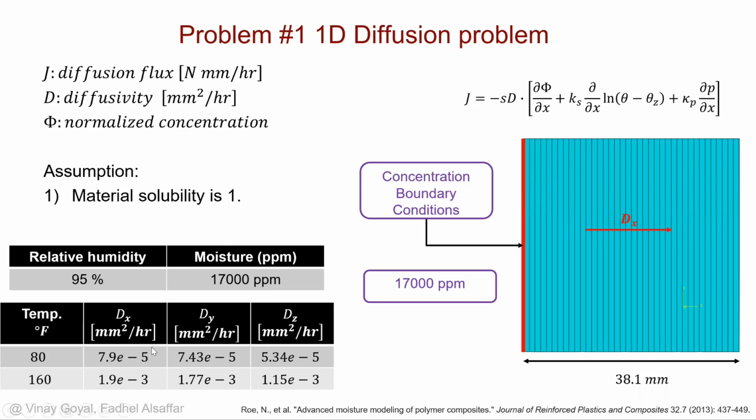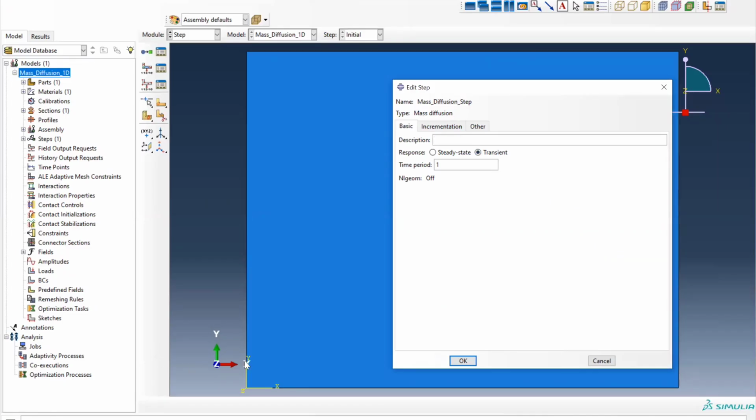So we'll take a total time of around 2,880, and basically the reason behind using this is the literature that we're referring to, so that we can compare the values that we obtain here to the literature.